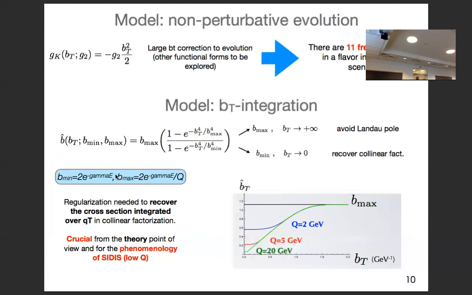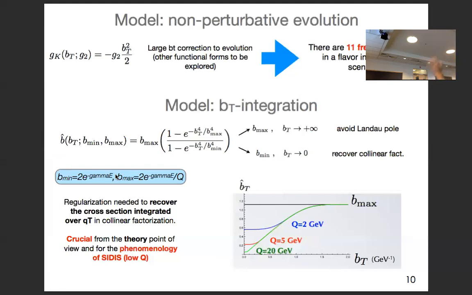A large part of the theoretical investigation has been devoted to the b integration, which is, of course, a well-known problem in this kind of studies. Basically, you don't have to go to high values of b, because otherwise you cross the Landau pole. So you have to place a cutoff.